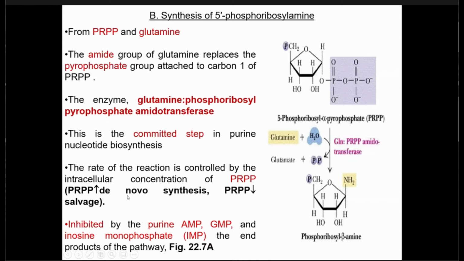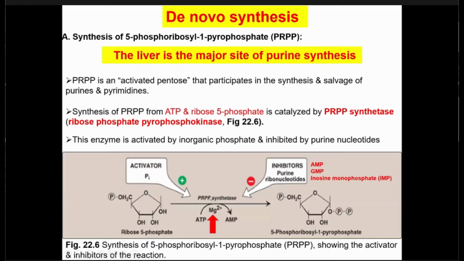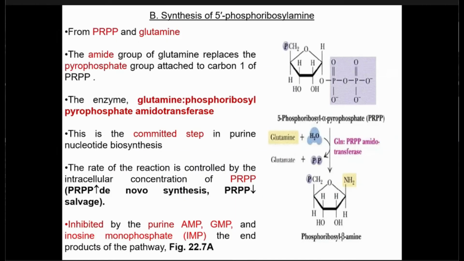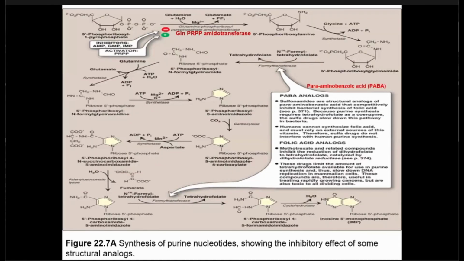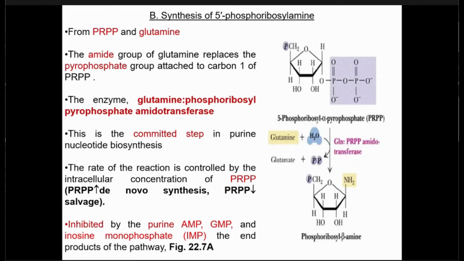As I mentioned at the beginning, there is de novo synthesis and salvage synthesis. If the PRPP is high, you start de novo synthesis. If the PRPP is low, you have to salvage.